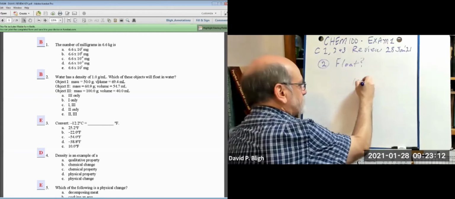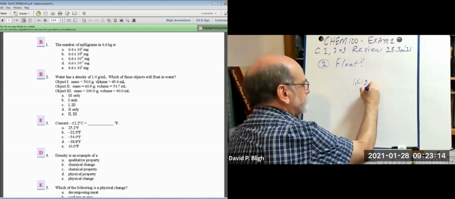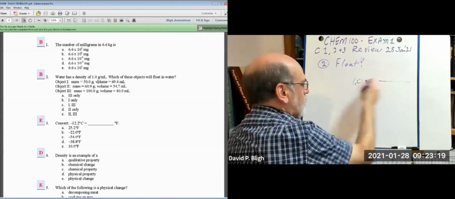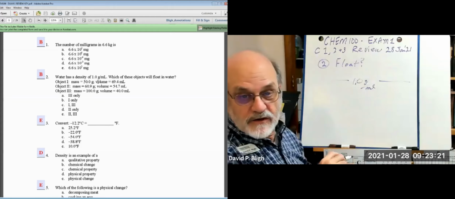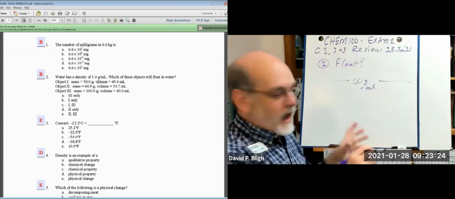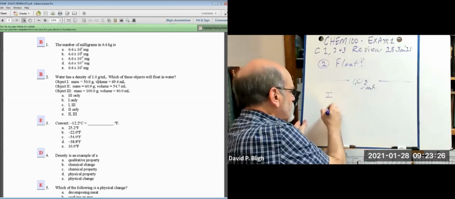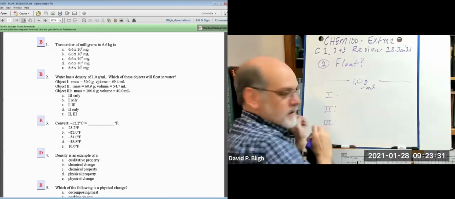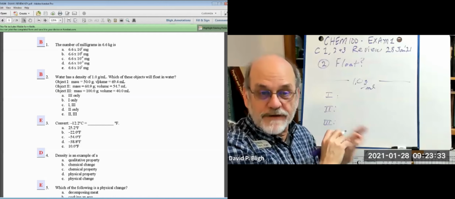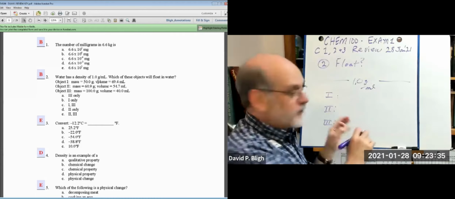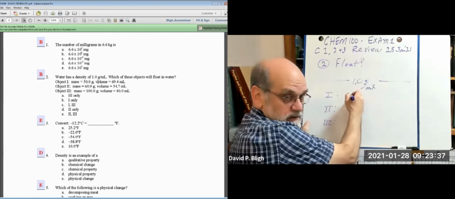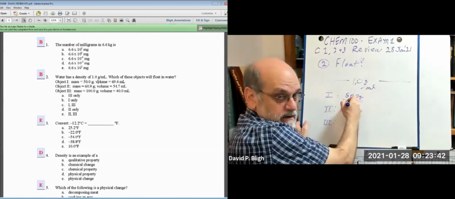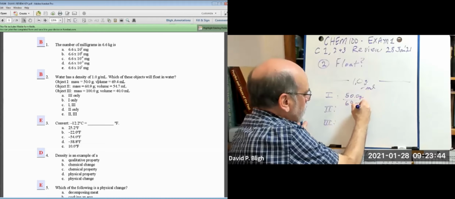Is it on this side, greater than, or is it on this side, less than? So all we need to do is say, okay, object 1, 2, 3. Object 1 would be 50 grams and 69.4 milliliters.